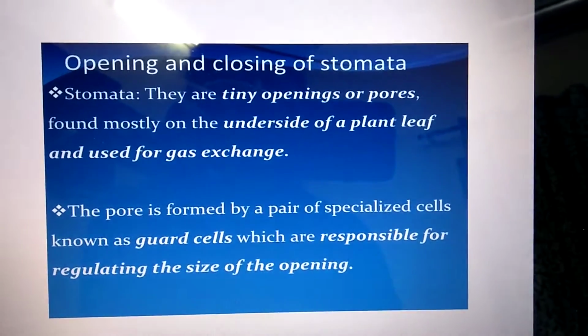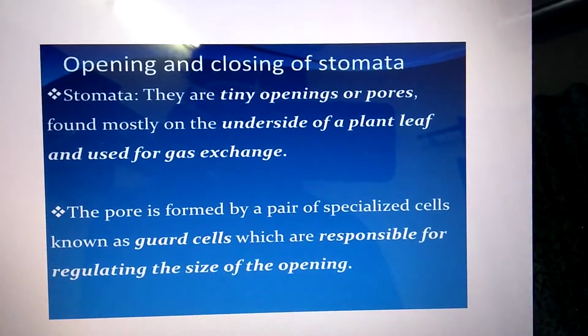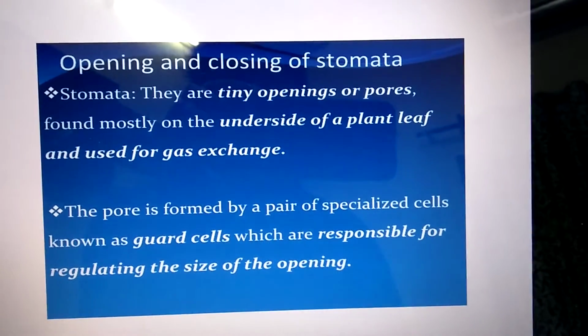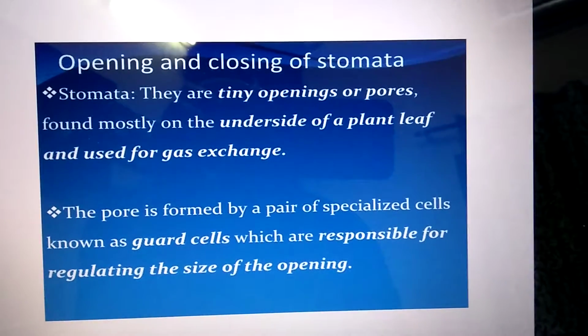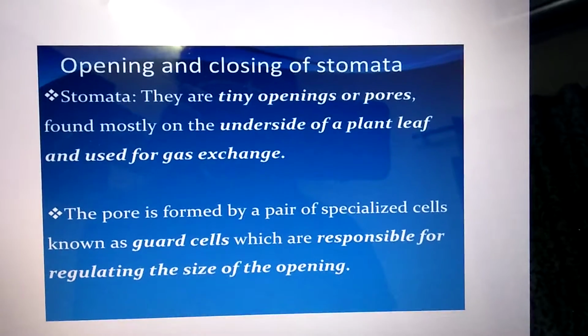Stomata are tiny openings or pores found mostly on the underside of the plant leaf and used for the purpose of gaseous exchange. So it's a tiny pore or opening, mostly पाए जाते हैं underside of the plant leaf, and the purpose is gaseous exchange.